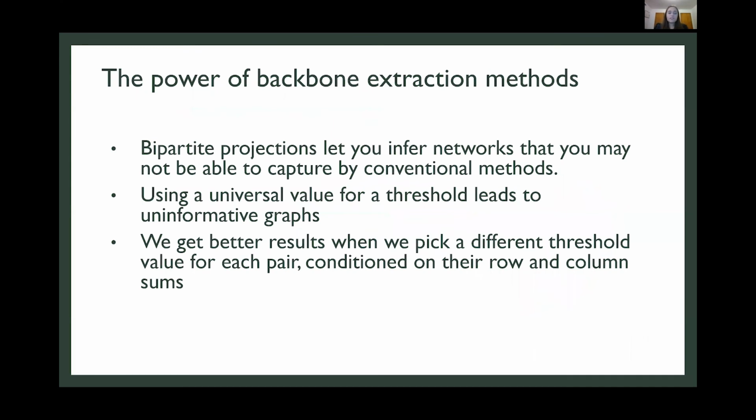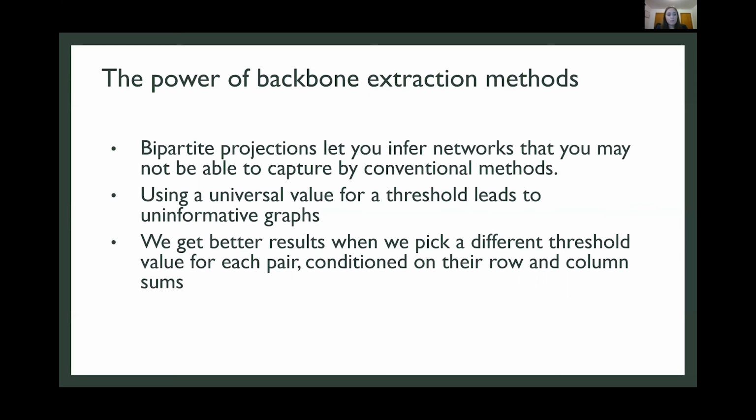So backbone extraction, it's super powerful. It lets us take weighted graphs, which are inherently very difficult to analyze and visualize, and pick out the most important parts. Just using bipartite projections lets us infer networks we might not be able to capture by conventional methods. You can't always create large enough surveys. People might lie. We might need something where we can look at third-party data to see what's going on between individuals.